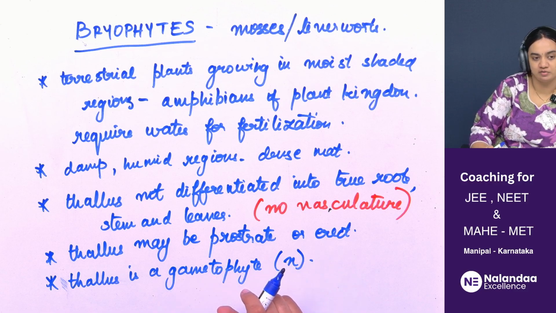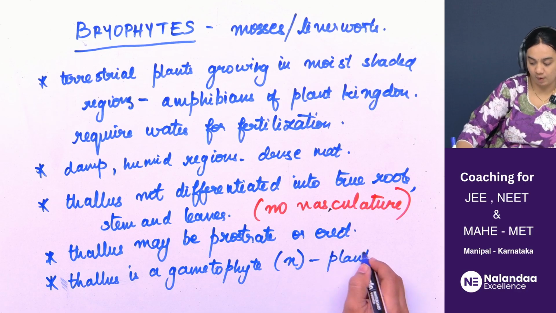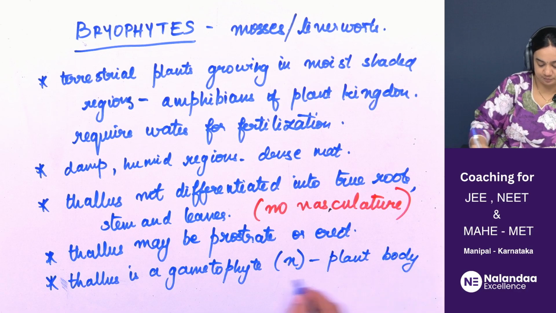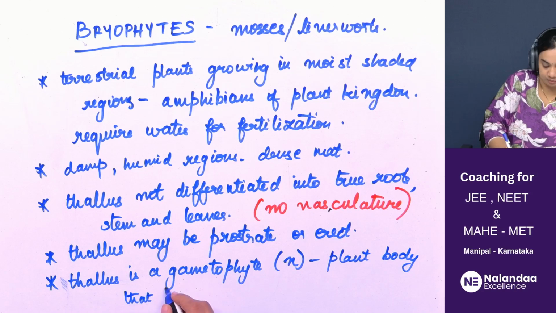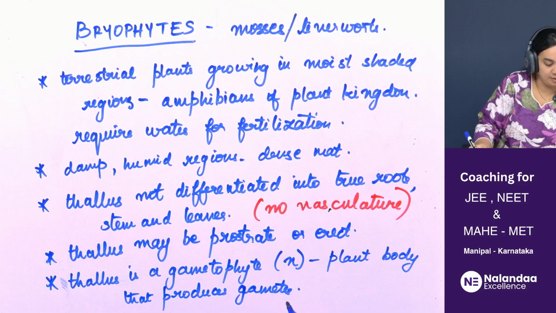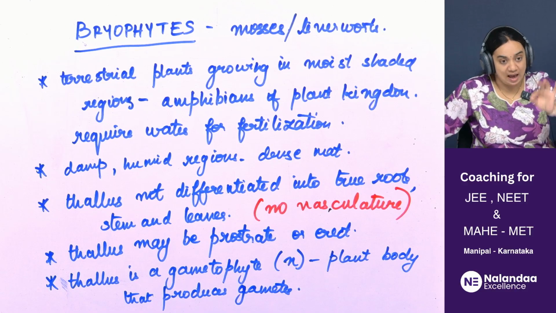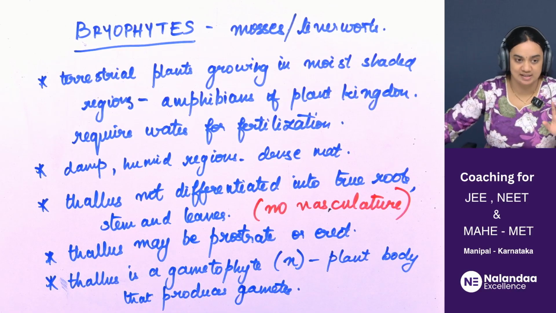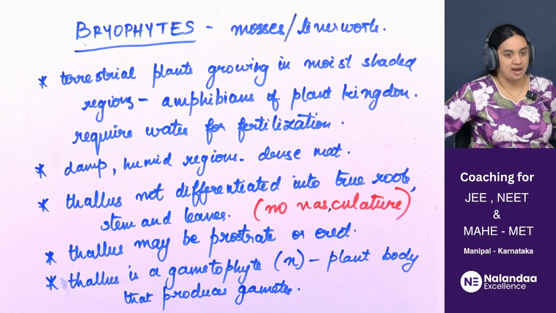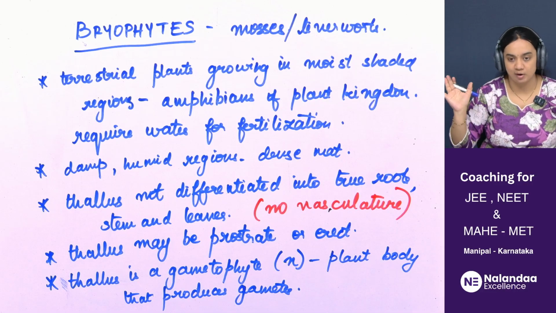We talked about alternation of generation, no? Yeah, what is gametophyte? It is a plant body that produces gametes. Is this clear? So the thallus is a haploid gametophyte which produces gametes. Now for the production of gametes, the gametophyte has specific male and female reproductive organs.